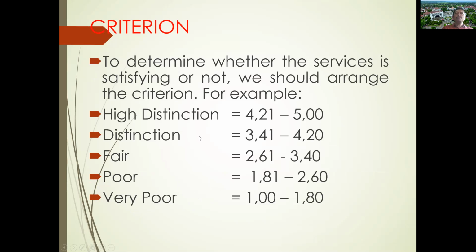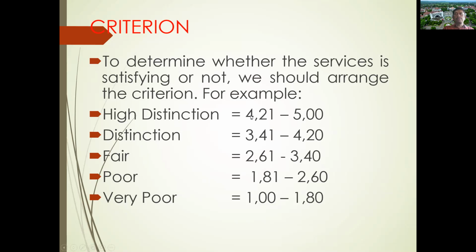Other than that, to determine whether the service is satisfying or not, we should arrange the criteria. For example, we have 5 criteria here, which are high distinction, distinction, fair, poor, and very poor.